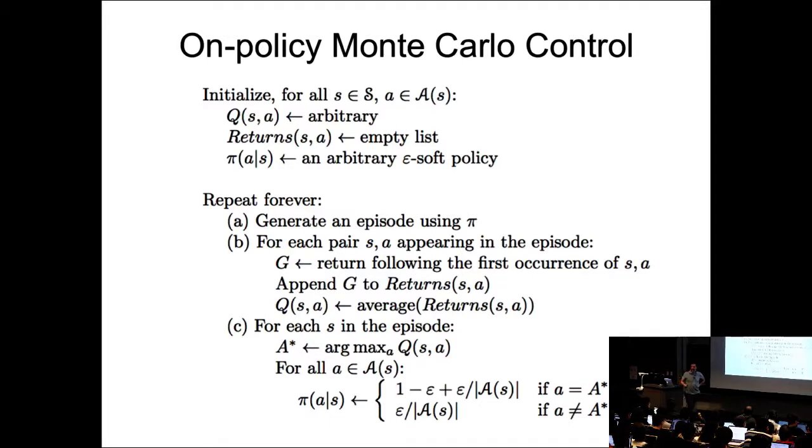Yes? If you keep the K best states, it still might not guarantee that you will visit all the states. Or if you keep the K best actions, there's still no guarantee.